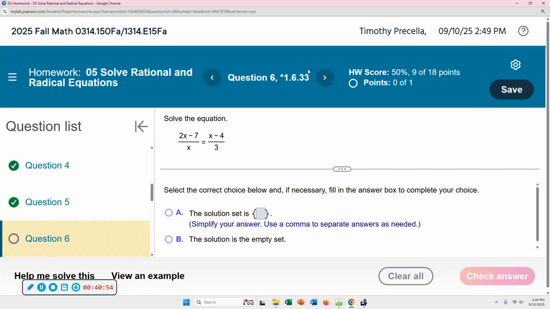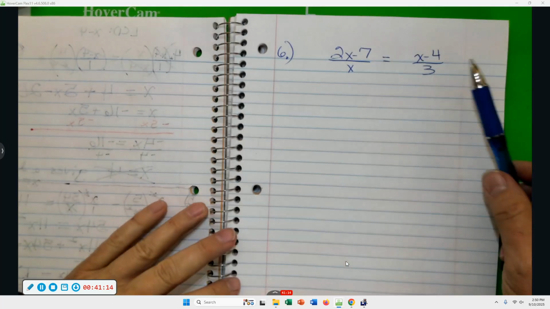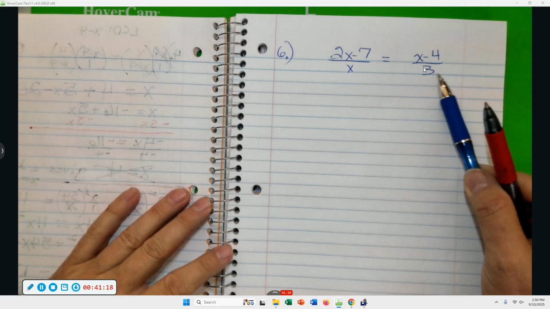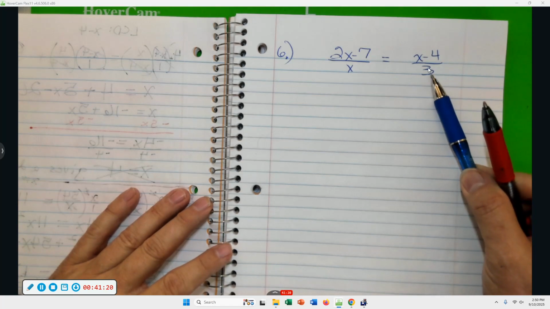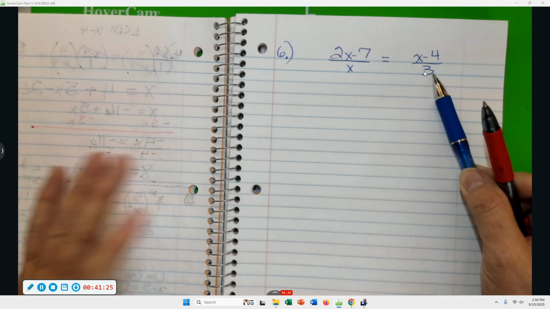2x minus 7 all over x equals x minus 4 over 4. Okay, let's switch right off to this. What's the only number that would give us a denominator of 0? Don't say 3. This denominator is never going to be 0. As long as there's a denominator there, that denominator is going to be 3.